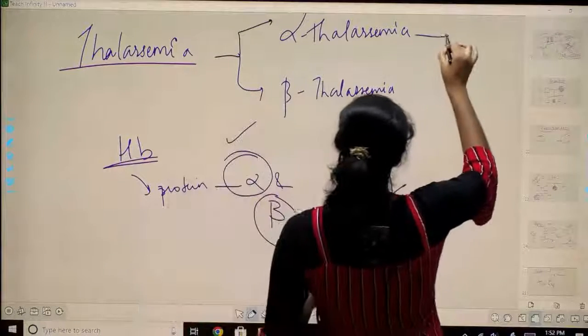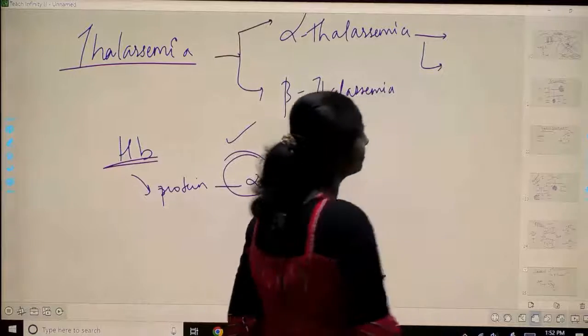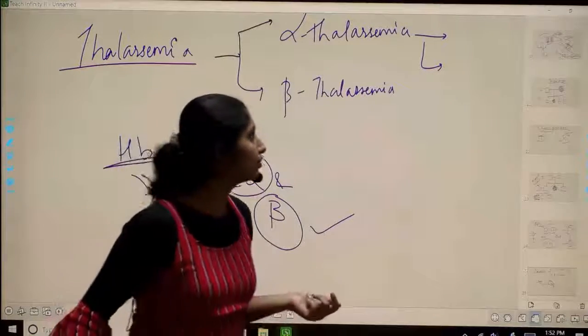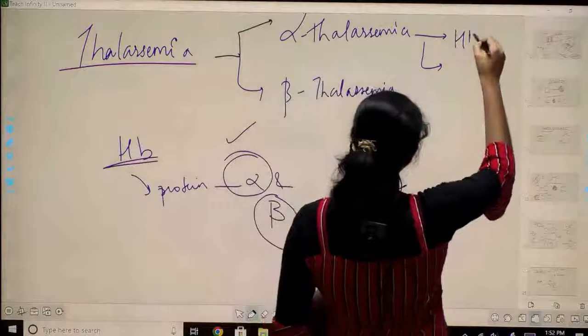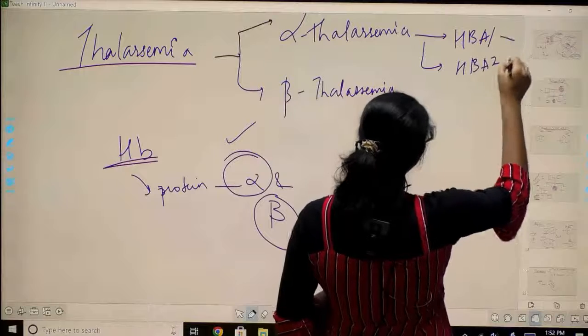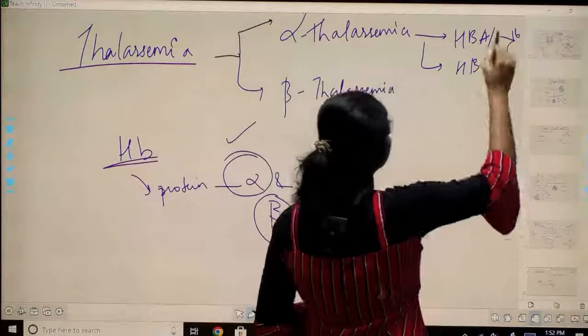Alpha thalassemia can result from the 2 genes that are responsible for production of the alpha chain, HbA1 and HbA2. Both of them are located on the 16th chromosome.